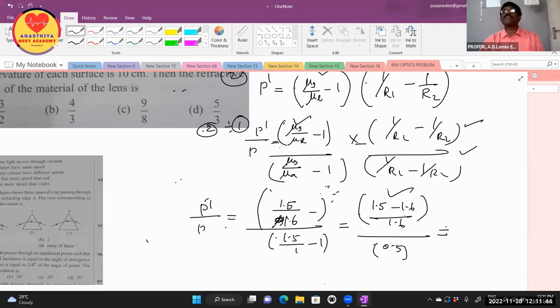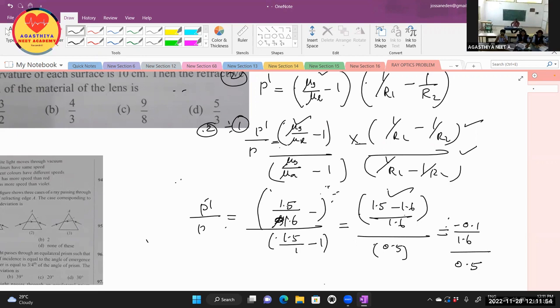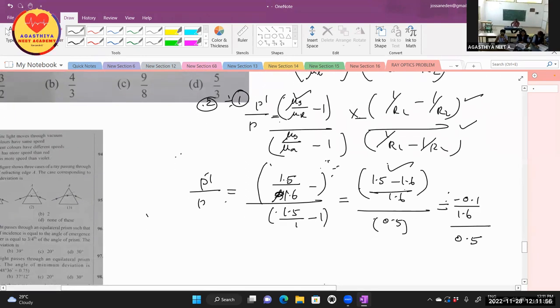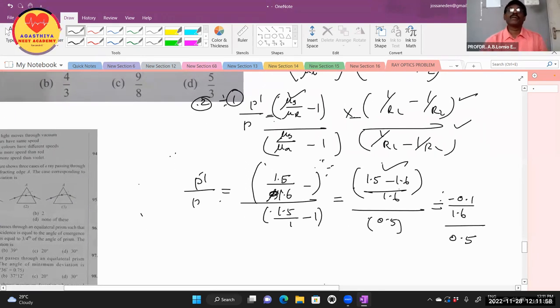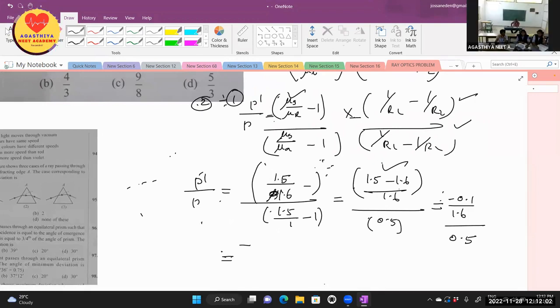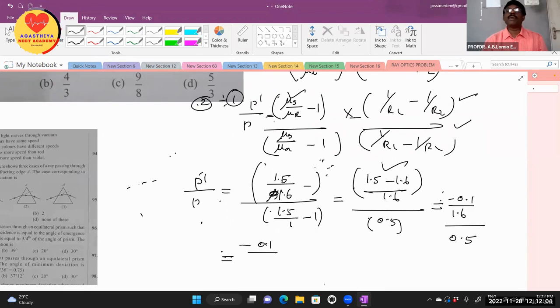The numerator 1.5 minus 1.6, what is that value? Minus 0.1, divided by 1.6. Here the denominator is 1.5. Listen and then write. Here minus 0.1 divided by 1.6 into 0.5.